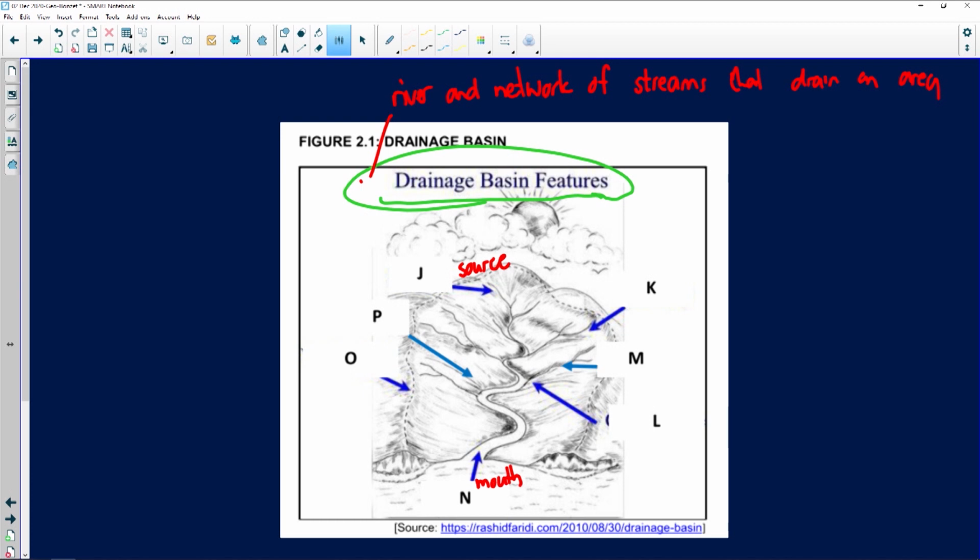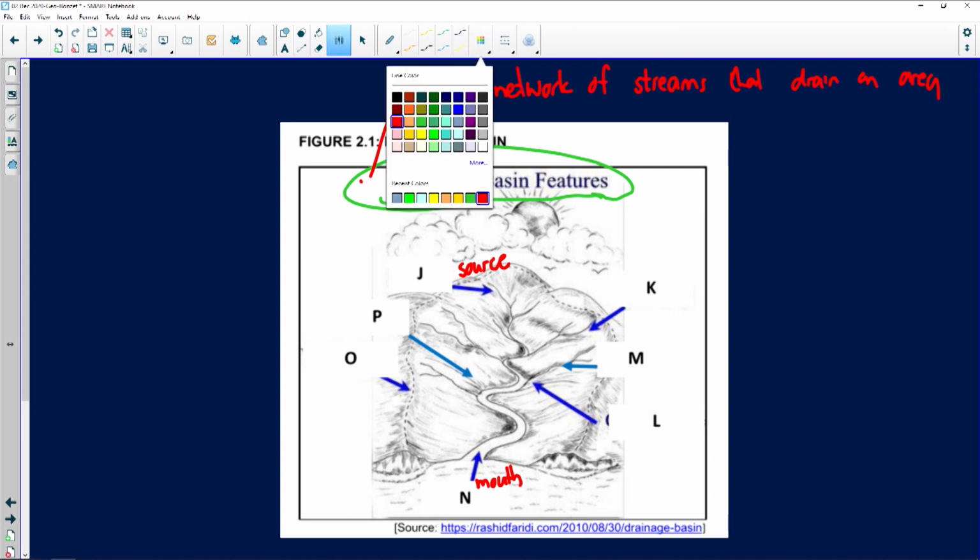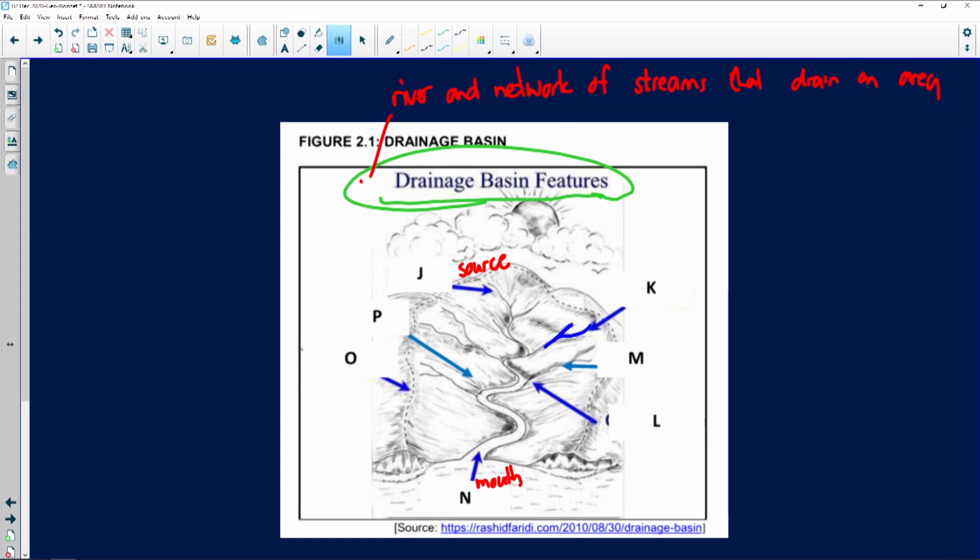Very importantly, other rivers joining the main river, such as this river over here, are known as tributaries. Where two rivers meet, for instance over there, is known as a confluence.